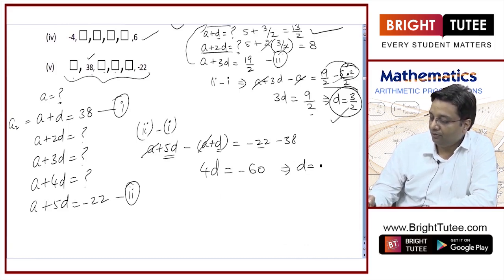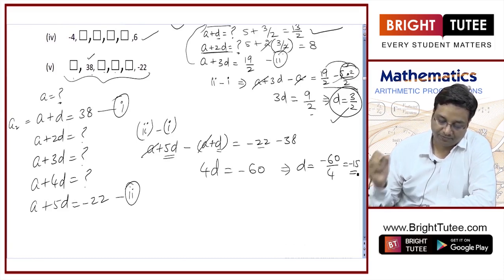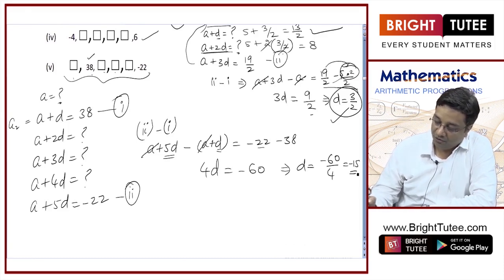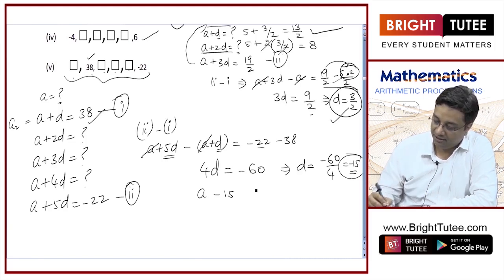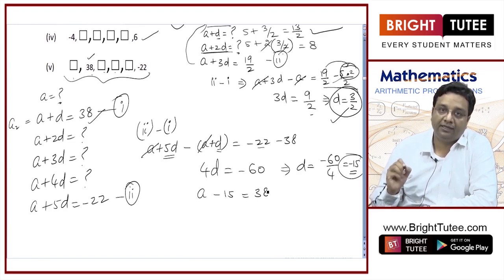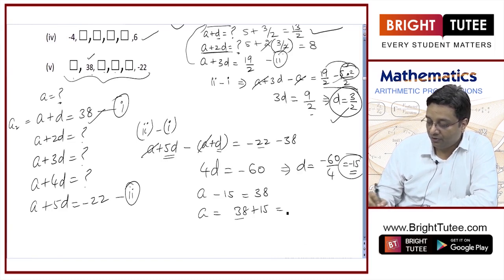So D is equal to minus 60 by 4, which is equal to minus 15, right? So now I have got D. Okay, so what is A? Let's put this value of D in the first equation. Minus 15 plus A equal to 38. So A will become 38 plus 15, which is equal to 43 plus 10, 53.